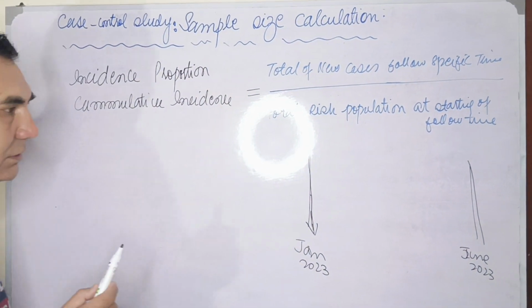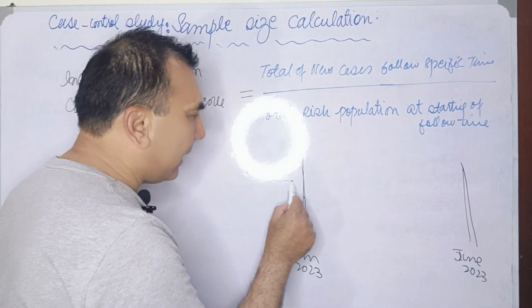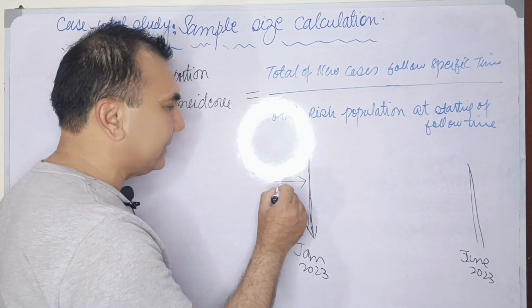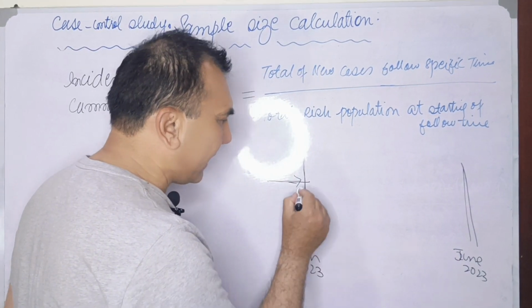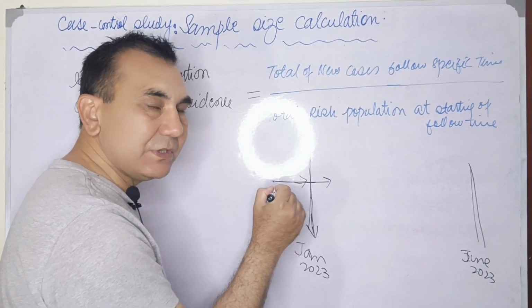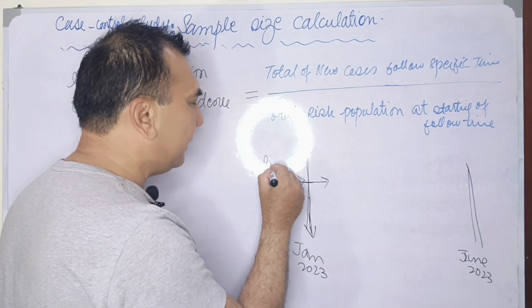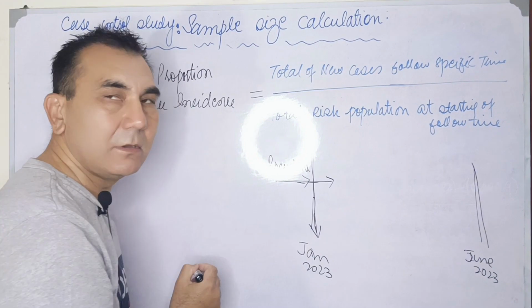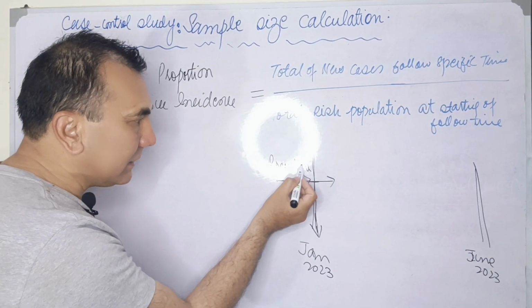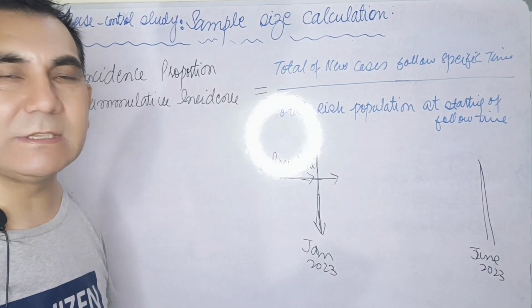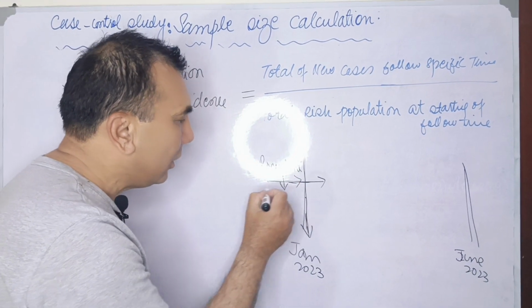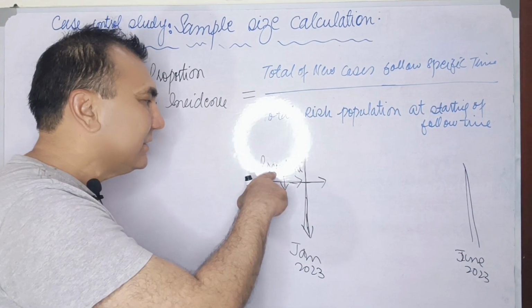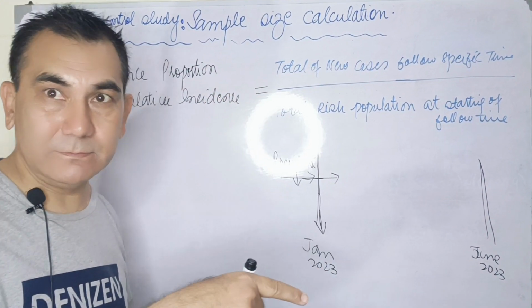Suppose those who have already developed the disease before this time period, who already have the disease, will not be counted in the denominator, because they have already developed the disease, and that is actually the prevalence.